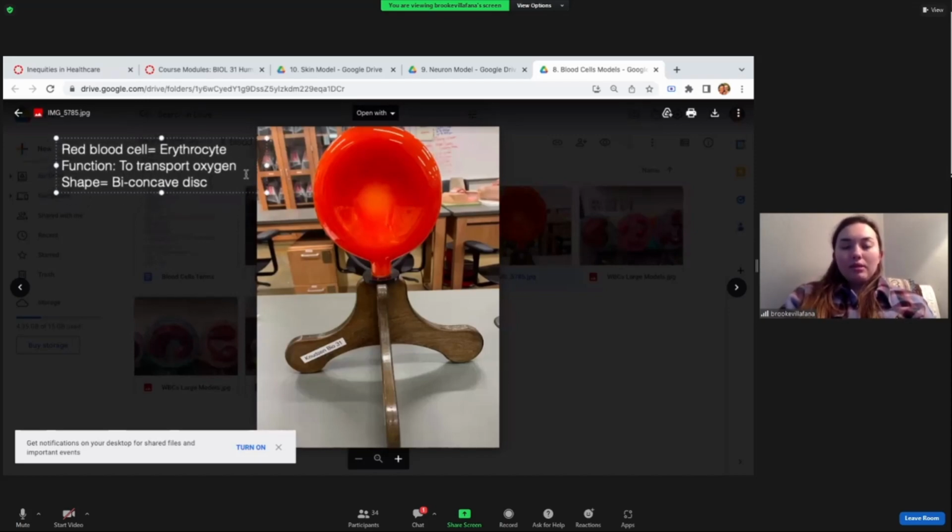So those would be the things that you would need to know about this model: that this is the red blood cell, and its function and shape. So that's everything on that one. All right, I'm going to move on to the next model now.